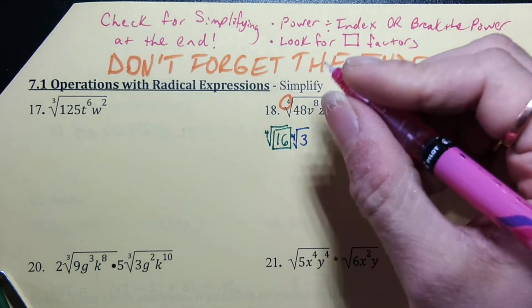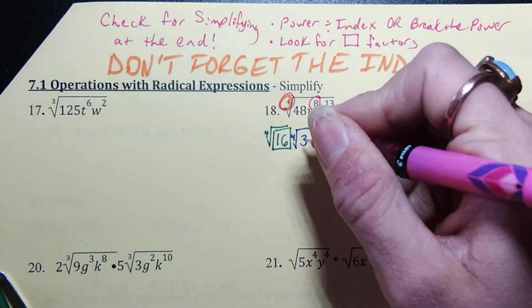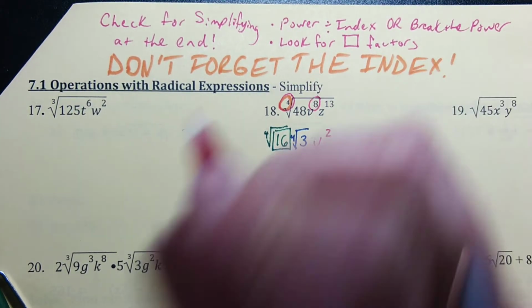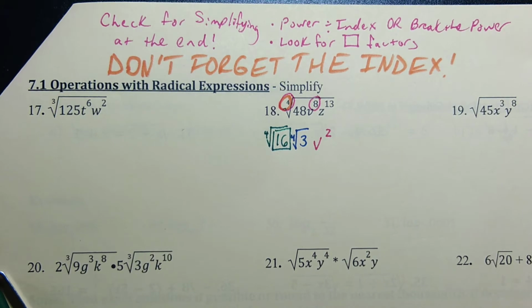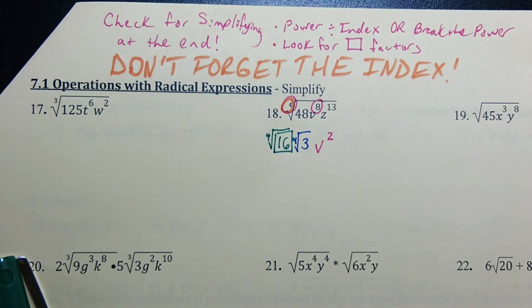For the variables, power divided by index, 8 divided by 4, gives me v squared on the outside. Now, what about z to the 13th? Do I want to write z to the 13 halves? No. This is where we want to break the power.